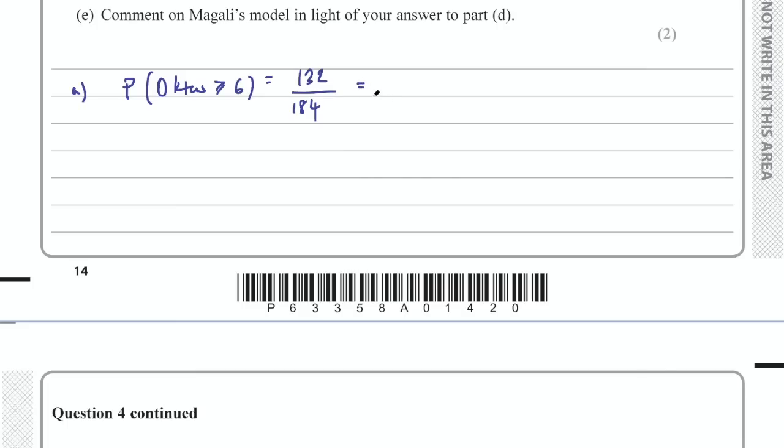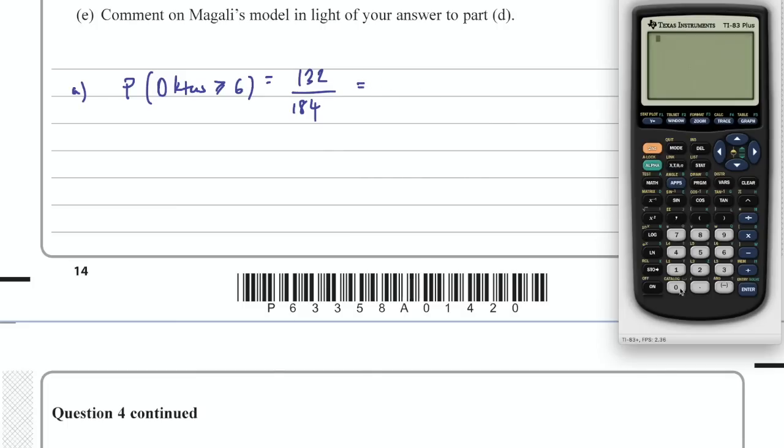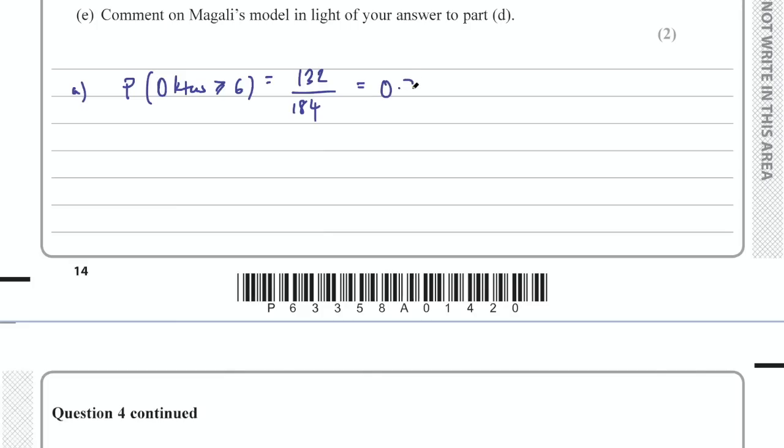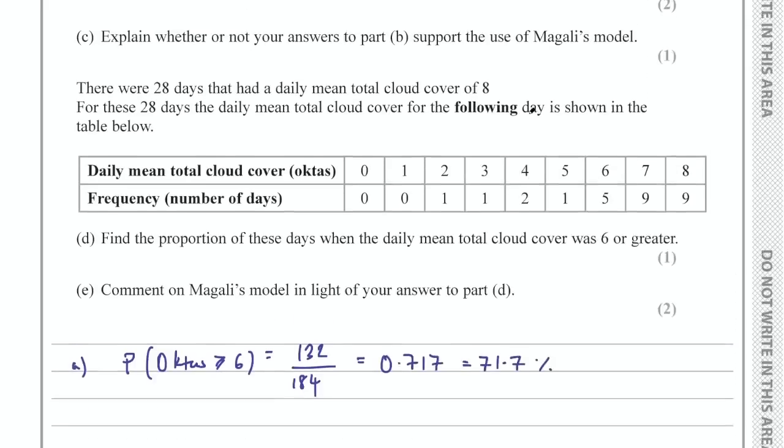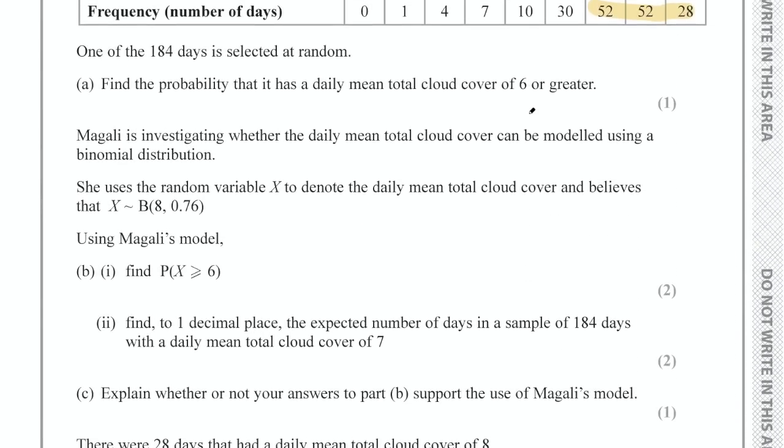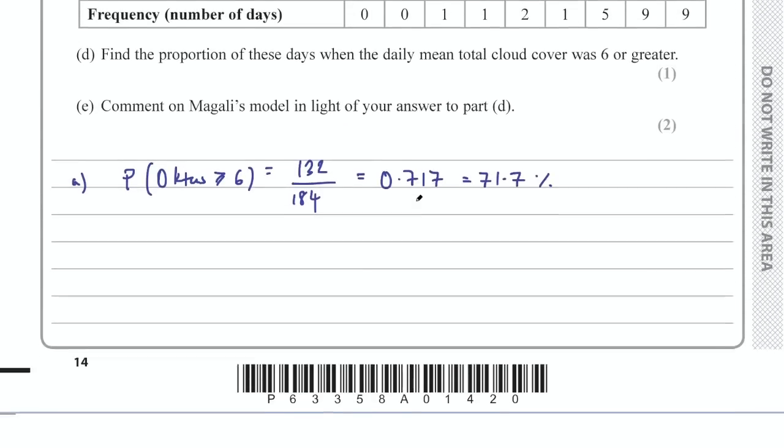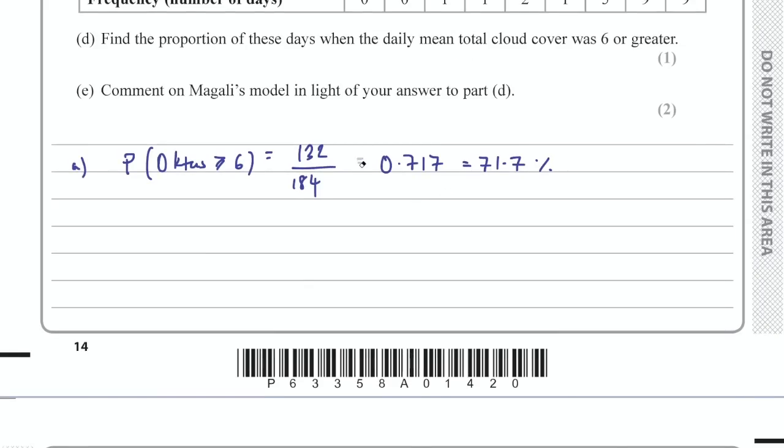And this is equal to 0.717, which we could write as 71.7%. Okay, that was approximately, so I should use approximation signs there.